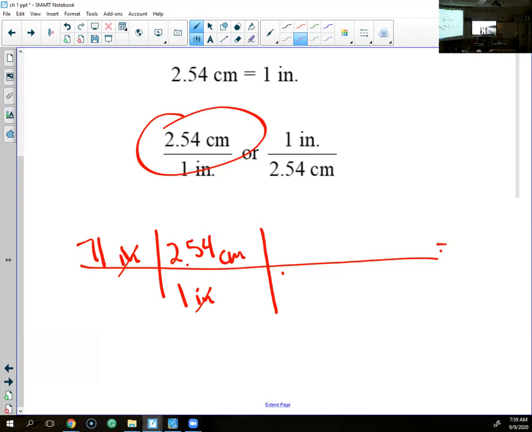But I don't want centimeters, I want millimeters, right? So I need a conversion where centimeters is on the bottom and millimeters is on the top. And for every 1 centimeter, I have 10 millimeters. And so then I would take 71 and multiply it by 2.54 and multiply that by 10, and I'd have my answer.